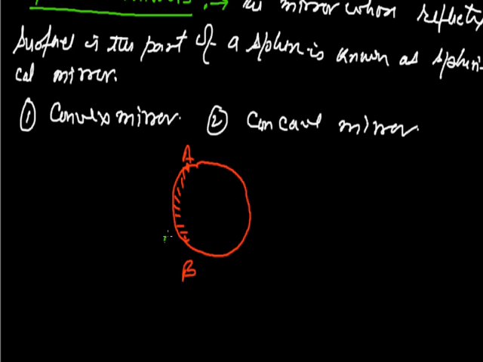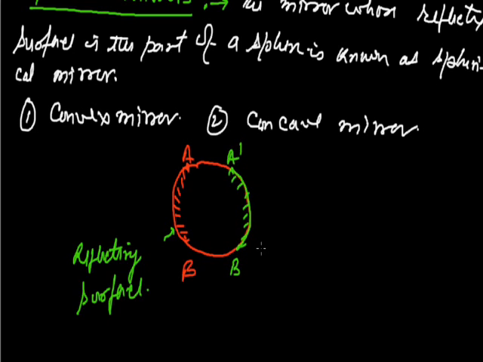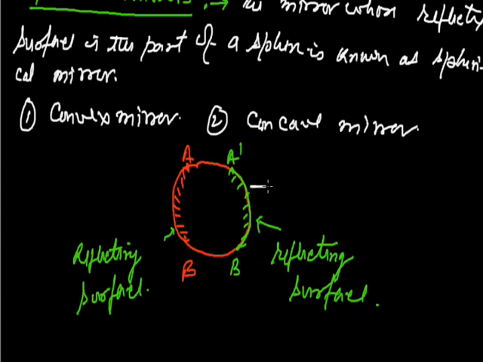This one is the reflecting surface, so it is known as a convex mirror. If we polish this part, A dash and B dash, this is the reflecting surface, so it is a concave mirror and this one is a convex mirror.